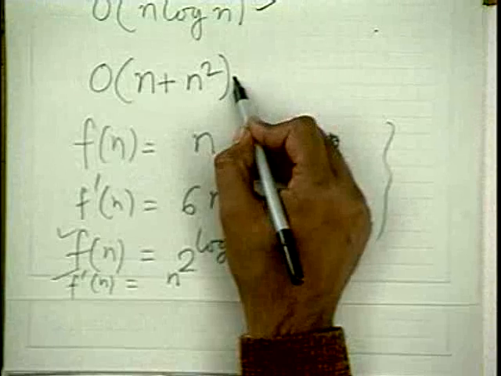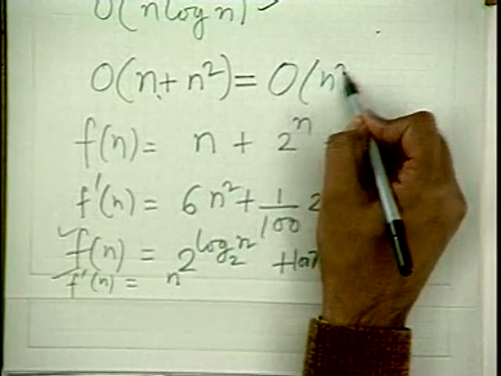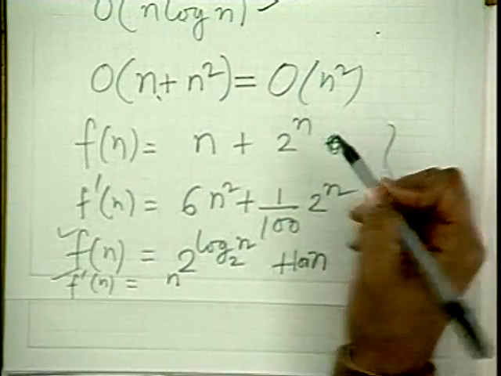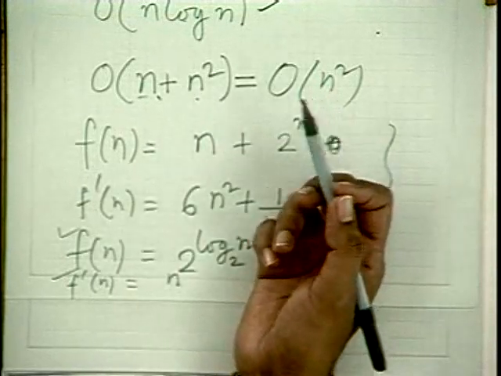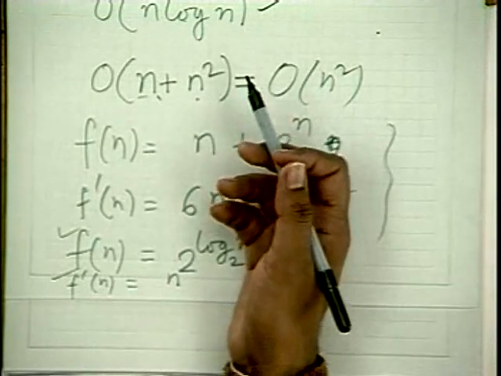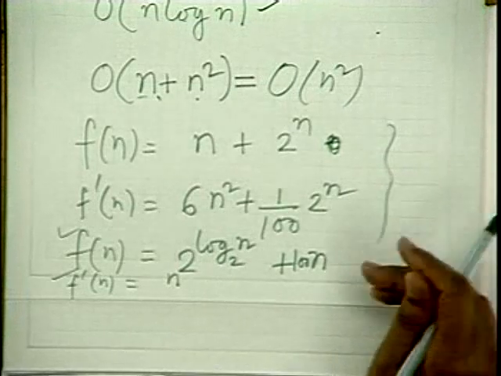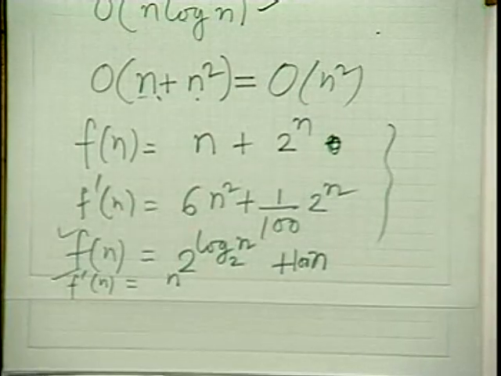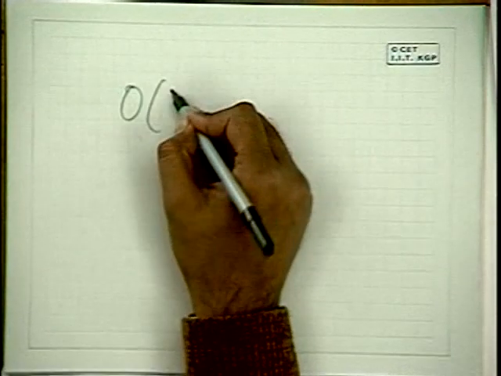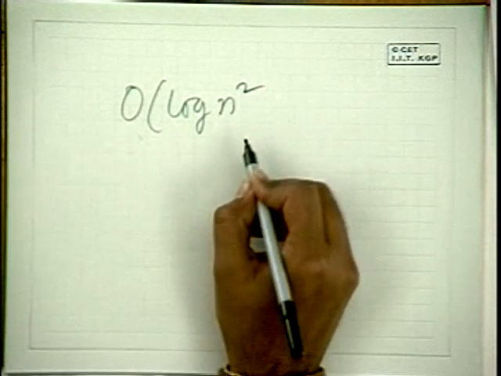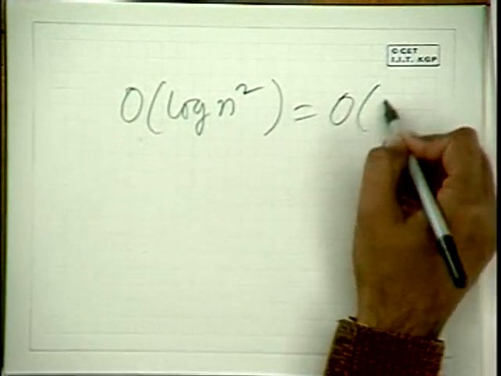Sir, can there be anything such as order of n plus n square? Yeah, I can write this, but actually this means order of n square. Basically I have taken g(n) as n plus n square, but I should not have taken it probably. It's order of n square. And suppose I have log of n square, can you say this is order of log n?